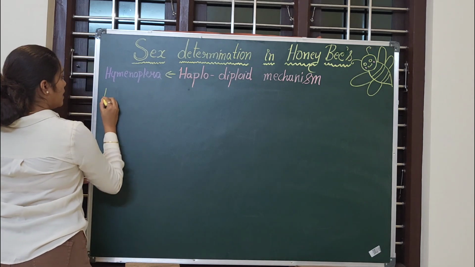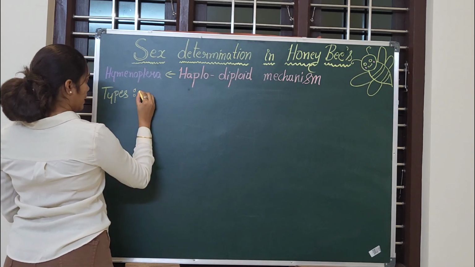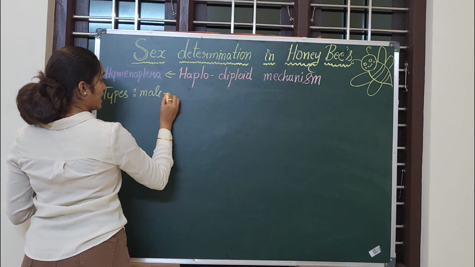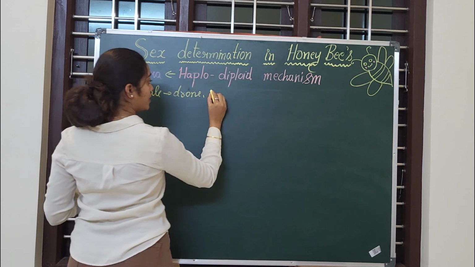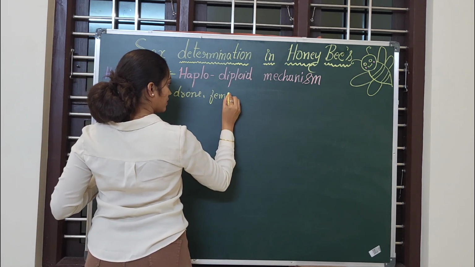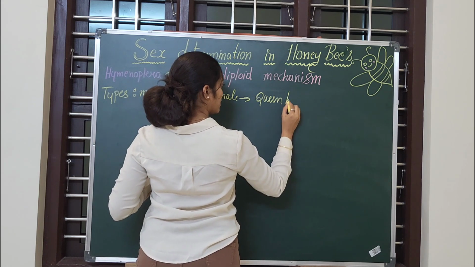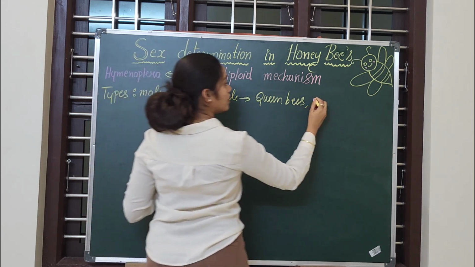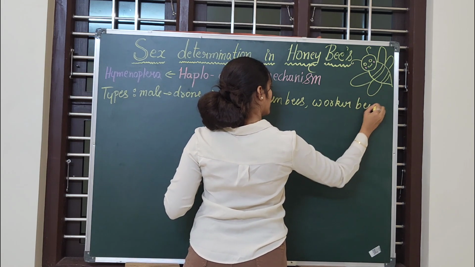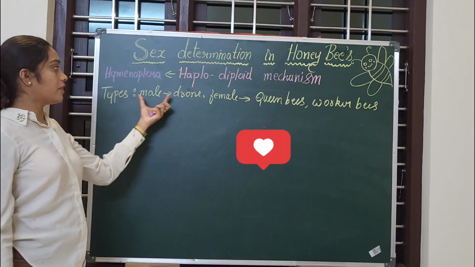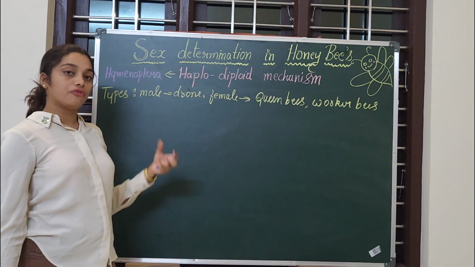In honeybees we have types: we have the male, which is called a drone, and we have a female. In that we have queen bees and worker bees. So drone is referred to for a male, and queen bees or worker bees are referred to for a female.